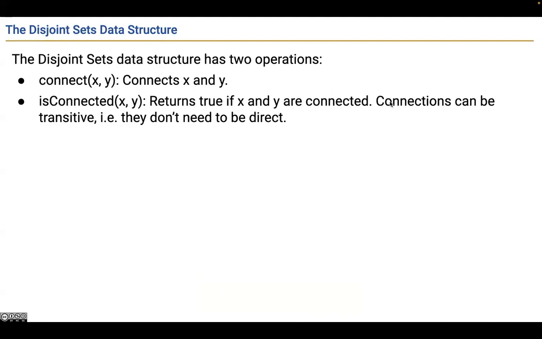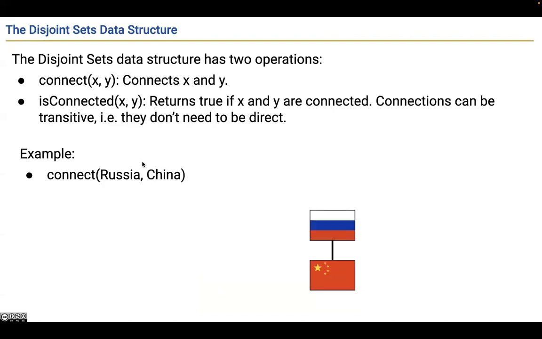And the tricky thing about this is that the connections can be transitive. So to give you an example, let's say the user says, I want to connect Russia and China. That's great. There's Russia, there's China. I've drawn a line to connect them. And then the user says, you know what? I want to connect Russia and Mongolia. That's the Mongolian flag, apparently. So we'll take Russia, we'll take Mongolia, we'll connect them.